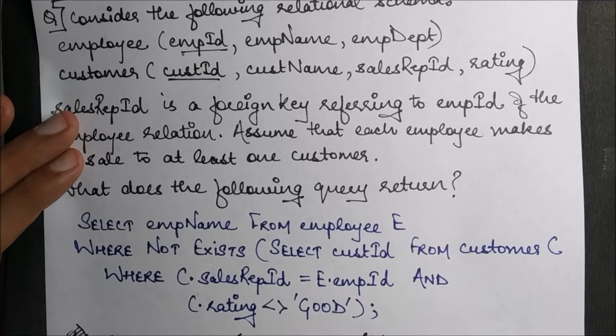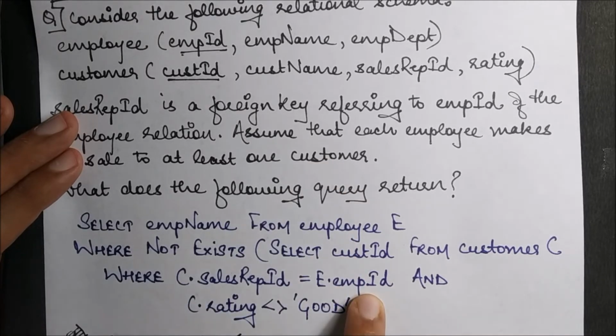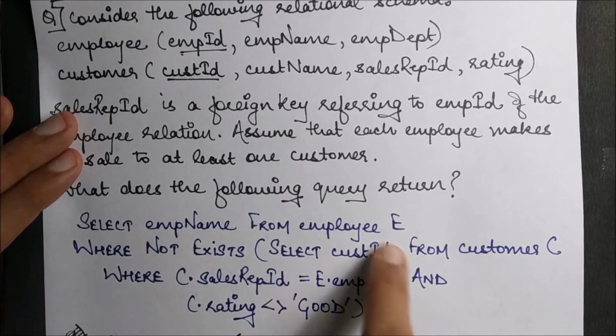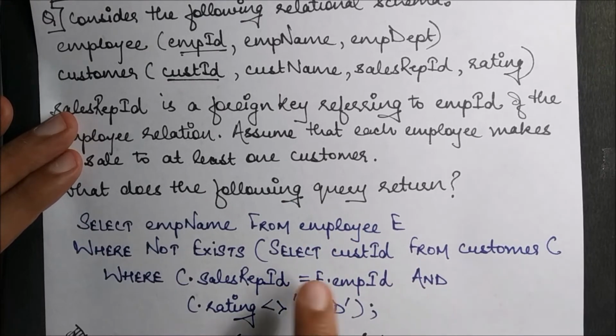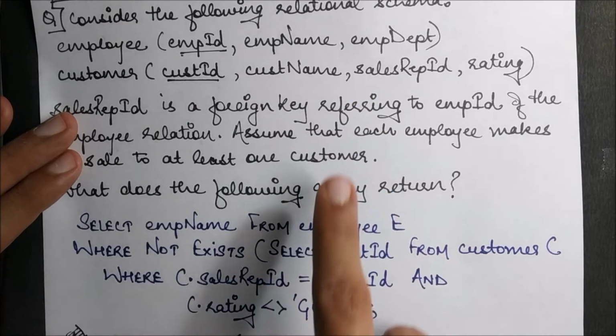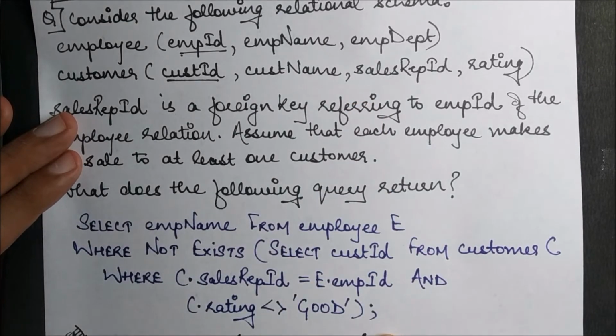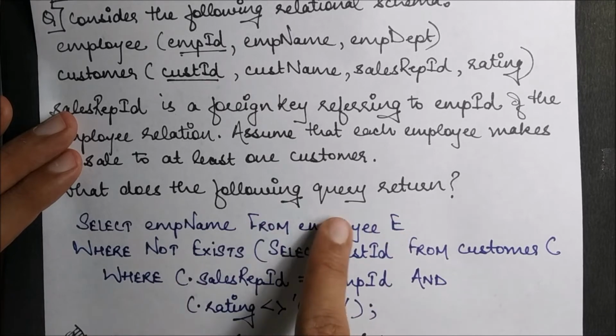This will give us the customer ID of those customers which are linked to some employee and have a rating other than good. So they do not have a good rating. Now it says select emp name where this should not exist.